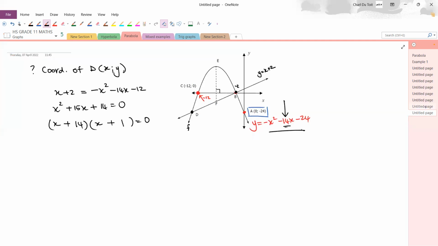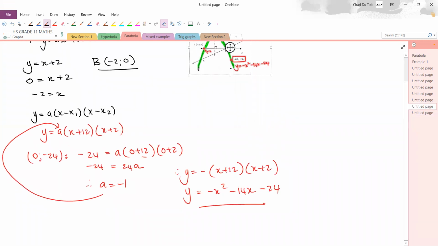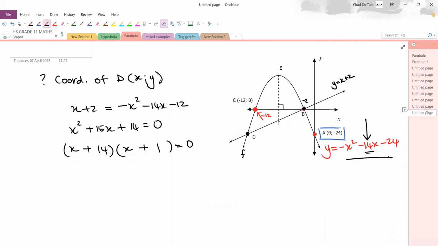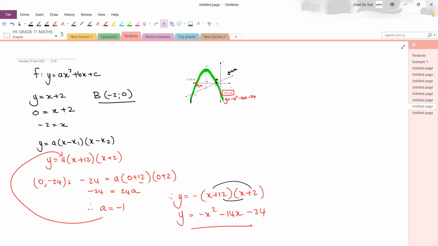I just want to go back to the previous page. How do we get that 14? 12x. Isn't it supposed to be positive 14? Yeah, you see, I'm clever. No, it's not positive 14. Okay, minus b over 2a.